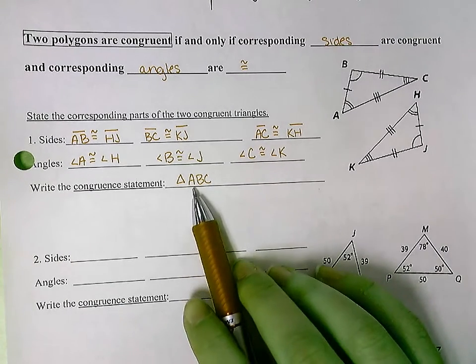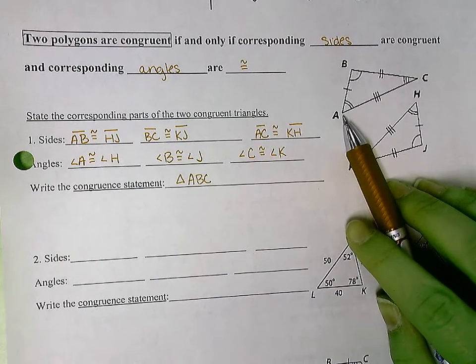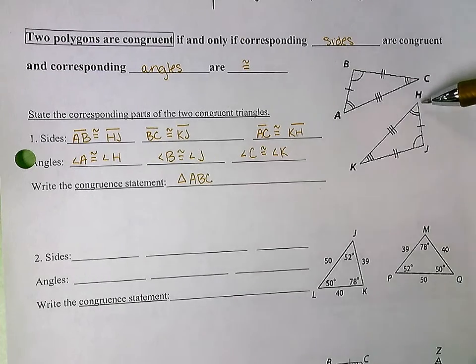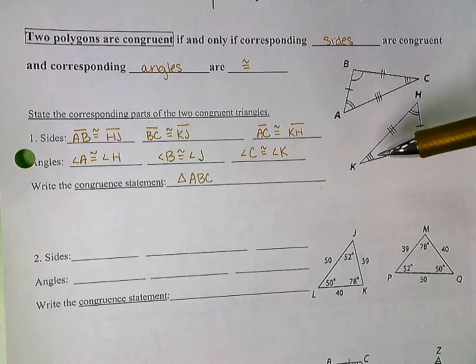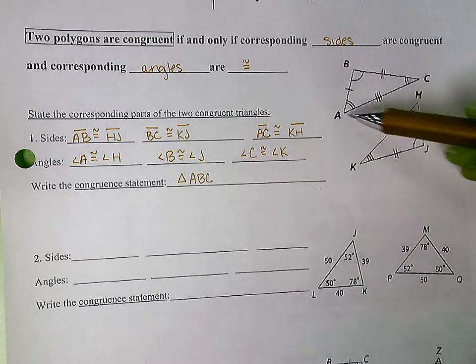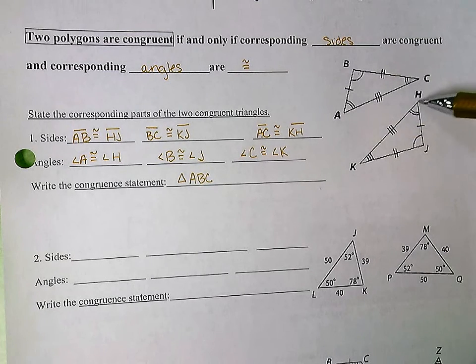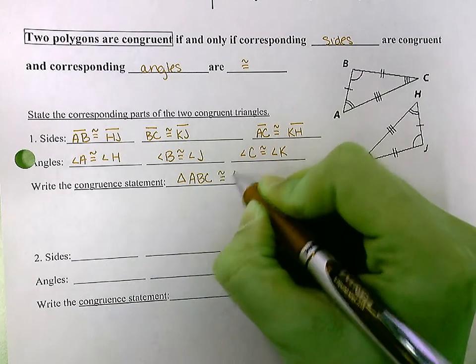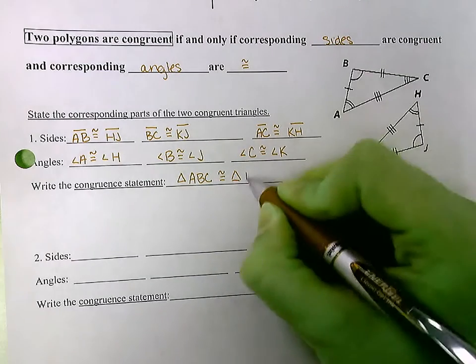So if I label this triangle ABC, I started at point A here. Then I'd have to say it's triangle HJK. It has to go in that same order of your congruency. Since I started with A in this triangle, I have to start with its congruent angle in the other one. So this would be triangle, I have to go to H first.